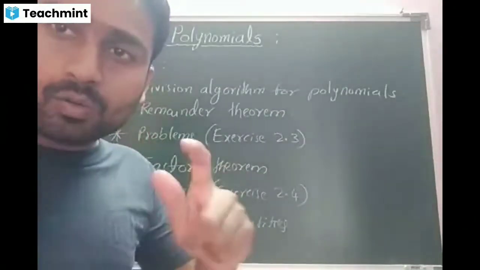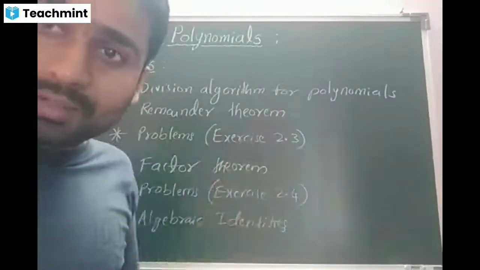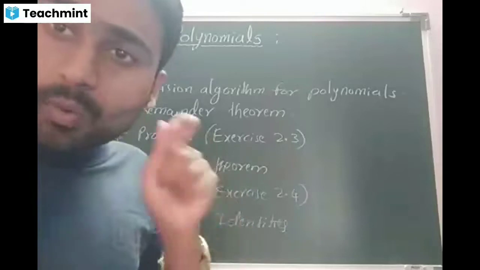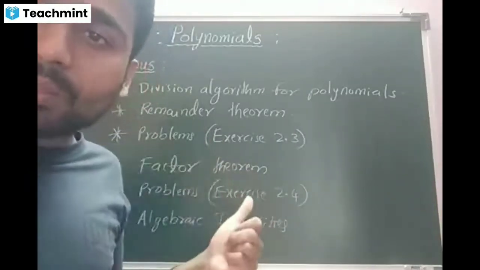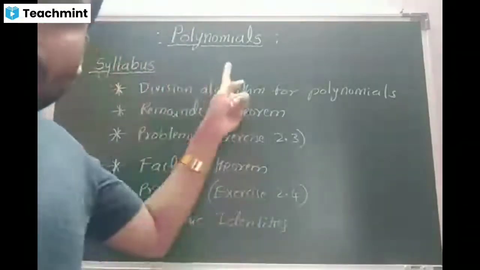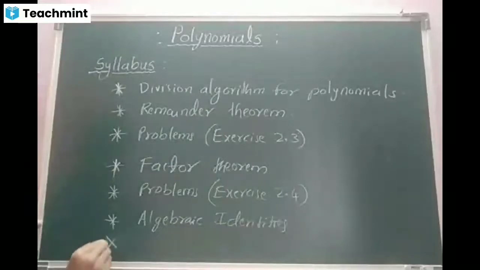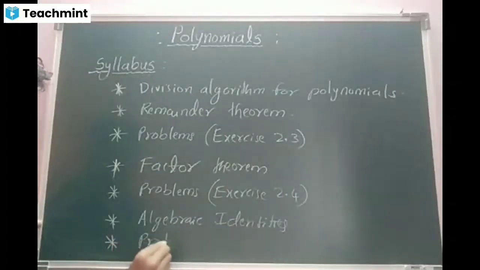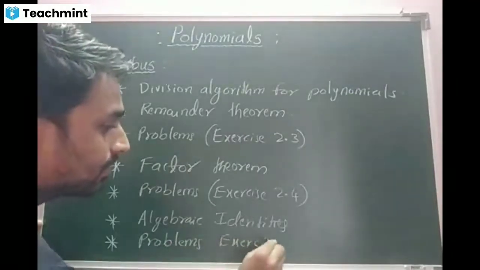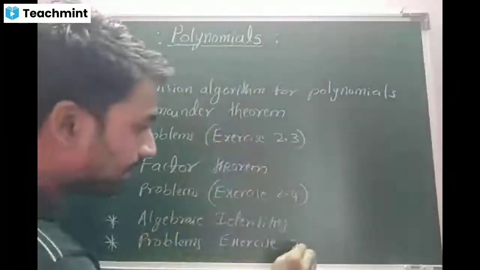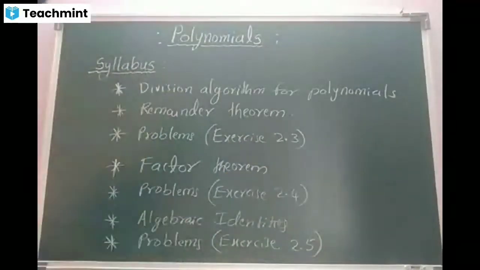Even in 8th standard you have studied a few more new formulae. This year, all together, round about 10 to 11 identities, the formulae connected to algebra, you are going to study in this chapter. Clear, beta? Yes, sir. Then again, the problems, the last exercise for this chapter, exercise number 2.5. Students, copy fast, quick.